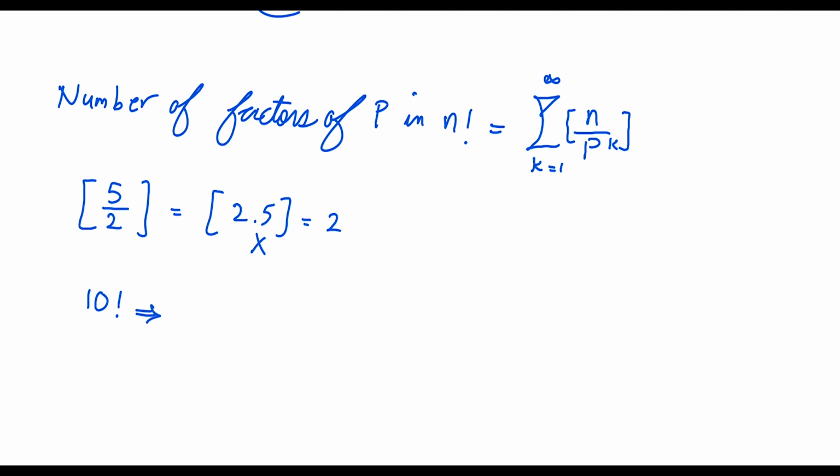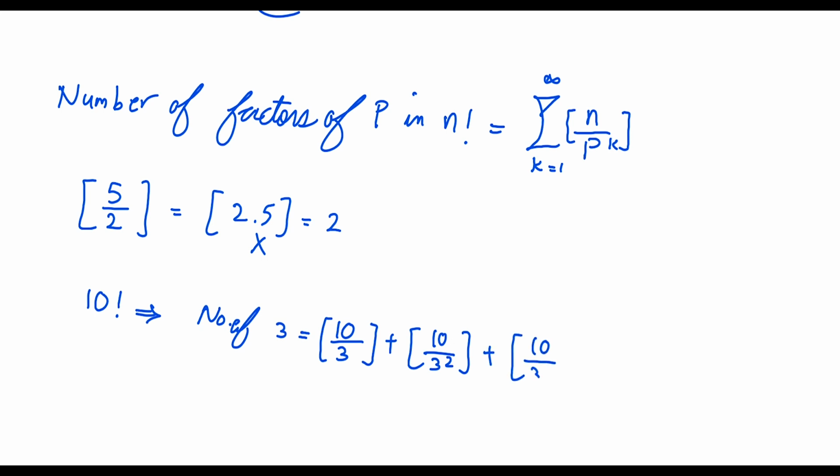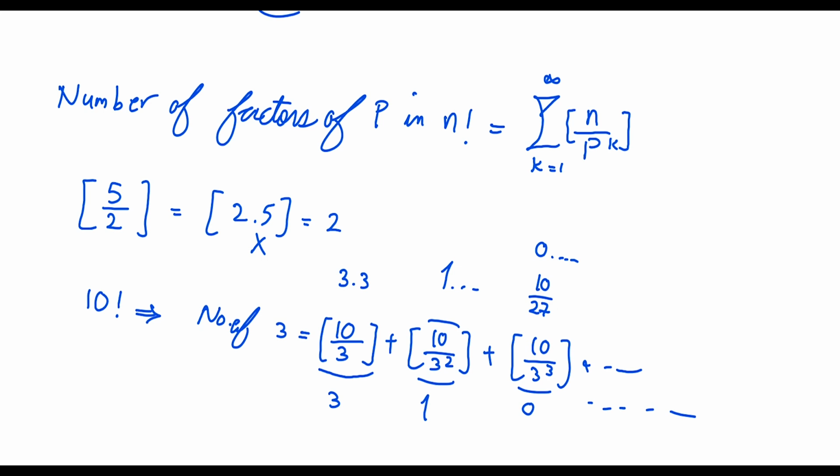The number of factors of 3 is the floor of 10 over 3 plus the floor of 10 over 3 to the power of 2, and so on. 10 over 3 is 3.3, and it is 3. 10 over 9 is 1 point something, and it will be 1. 10 over 27 is 0 point something, so it is 0, and other terms of this series are 0.